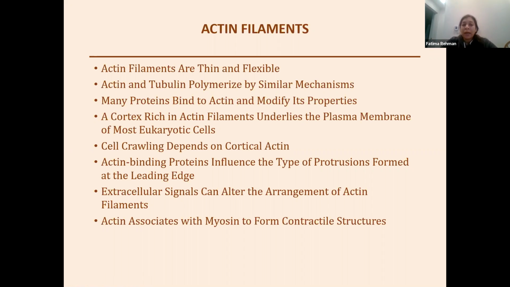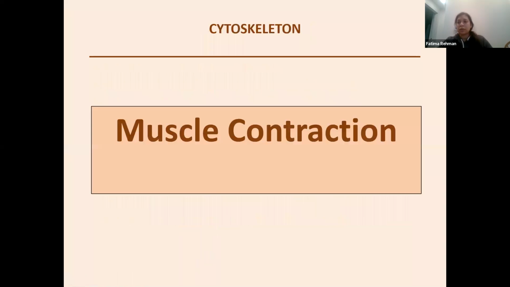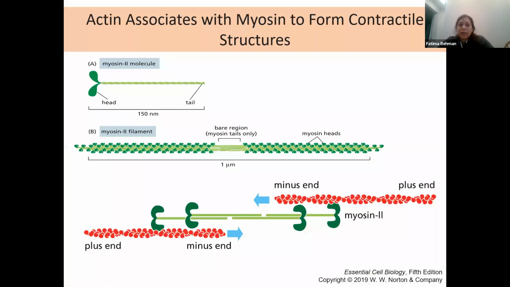And they do that by using the help of actin binding proteins that help protrusions form at the leading edge of the cell and move the cell in the direction of the leading edge. The actin can also associate with myosin and form contractile or constricting structures, as we see in cytokinesis and also in muscle contractions. So finally, we are going to talk about muscles.